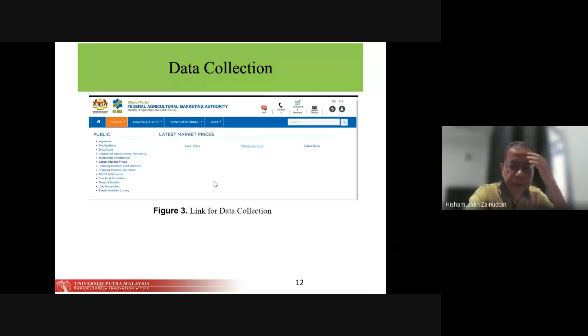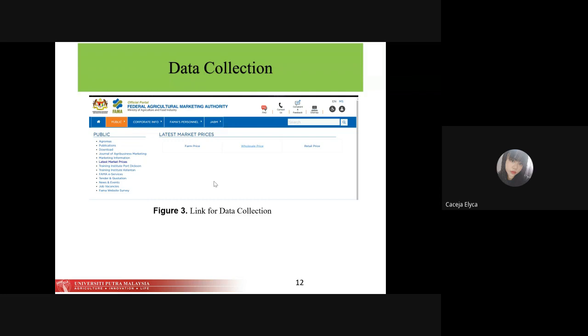It is based on daily data, but some of the data for that day is not included. So there is some missing data that we need to do some data mining and data cleaning, and it is still in progress, the data collection and also the data mining.